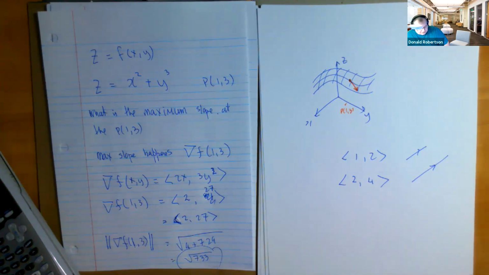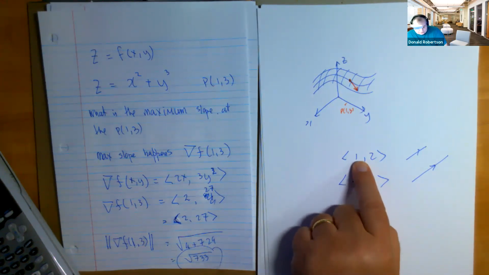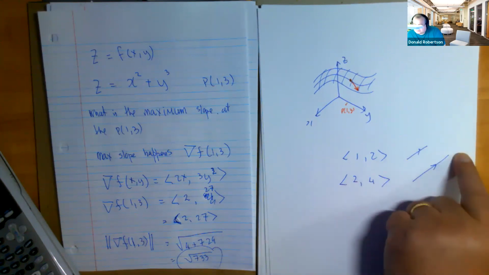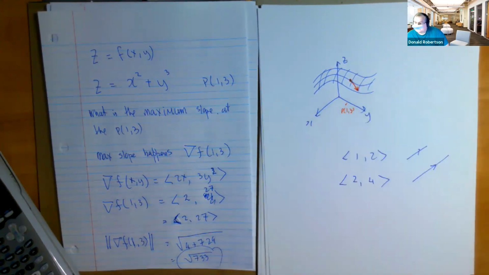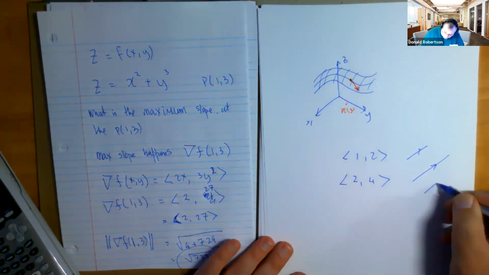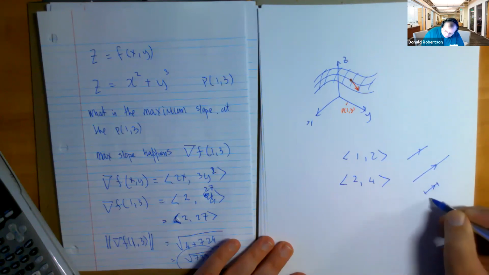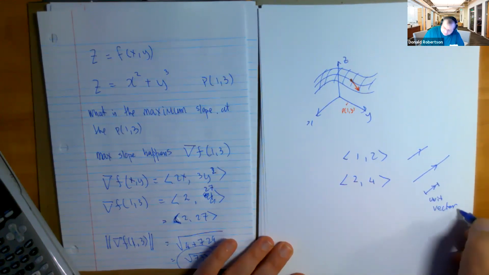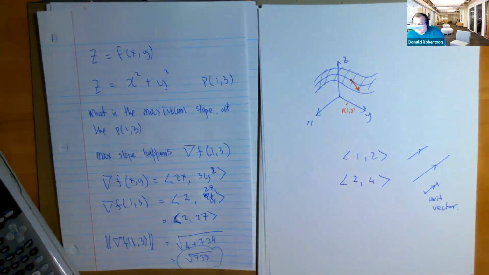Now, since there is an infinite number of directions that you could be pointing at, which one do we typically use? The one that's 1 unit long. I'm going to call it the unit vector, and you may have another name for it, like the normal vector, at least some of you did.